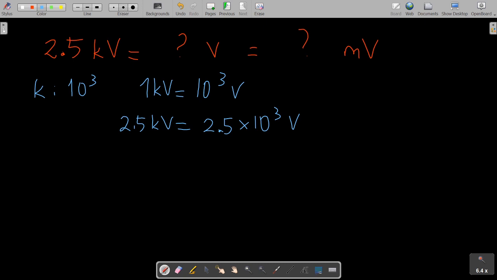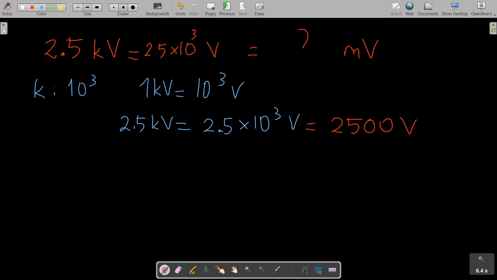So let's write the answer here. It is 2.5 times 10 to the power 3. And actually if you have to write it openly, you multiply 2.5 by 1000, you get 2500 volts.